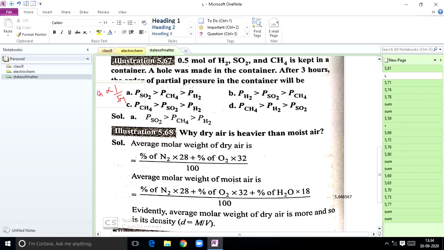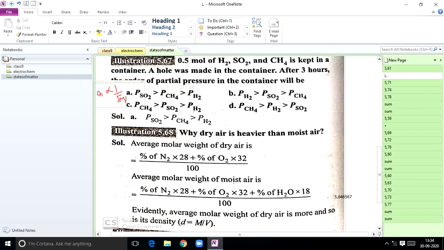But if you take the average molecular weight of moist air, not only the percentage of gases, but also you have to take the percentage of moisture into consideration. So that's why dry air is heavier than moist air. Average molecular weight of dry air is more, and so is its density.